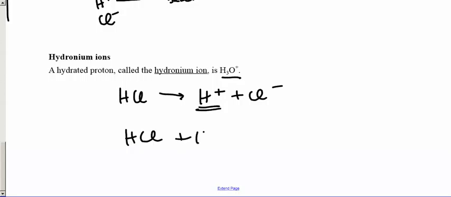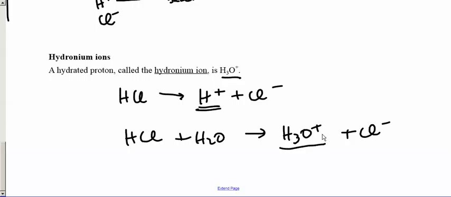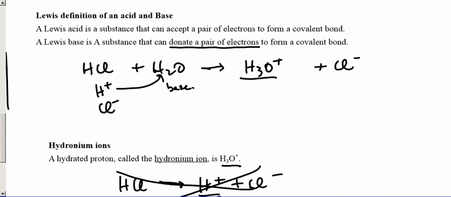HCl in water, the H plus will always buddy up to a water molecule. When will it buddy up to a water molecule? Always. So this hydronium ion is very important, and anytime we write a reaction like this, we'll always include water. This is garbage right here. Gone.